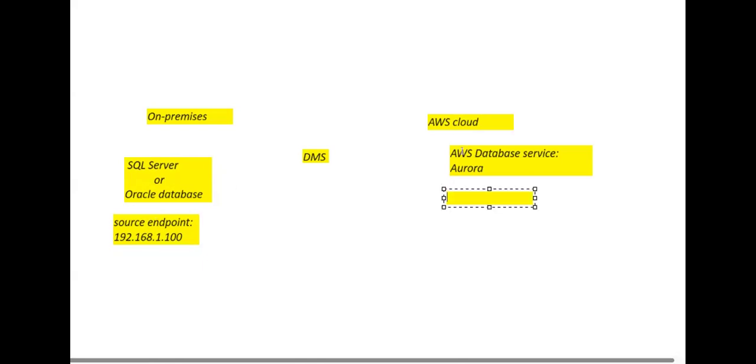And let's come to the destination. You want to move to either Aurora or any one of the database services. In order to identify the destination, we need to specify the destination endpoint also, right? Yes. So in order to specify that, we have an option.